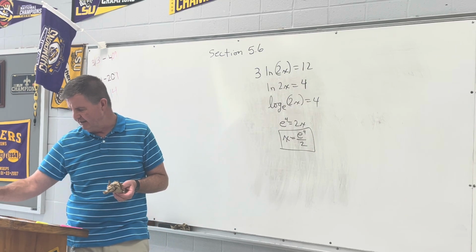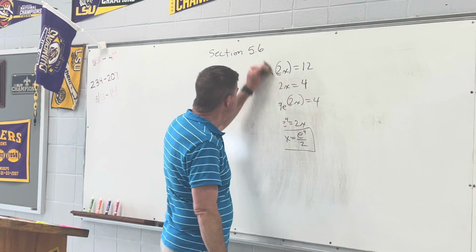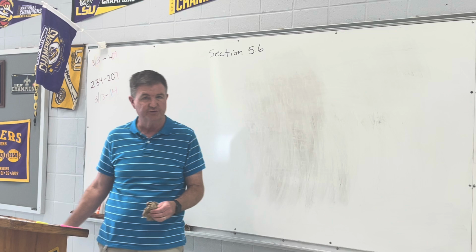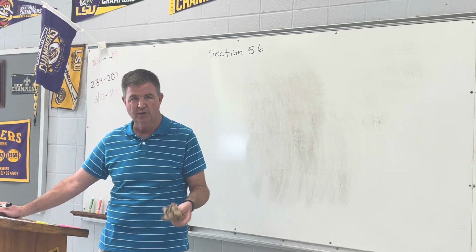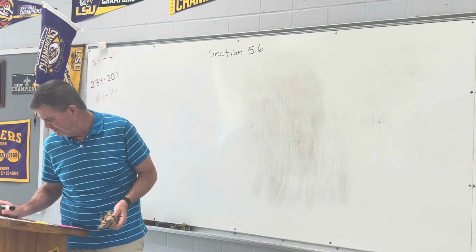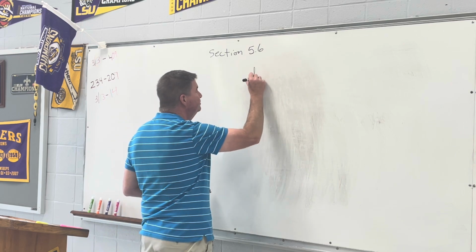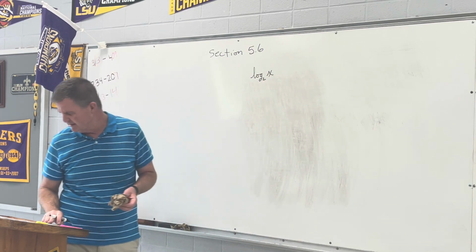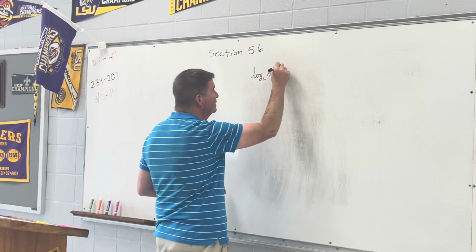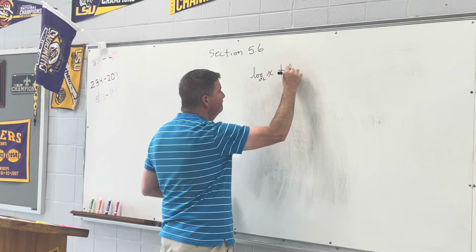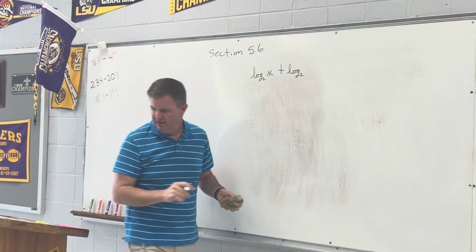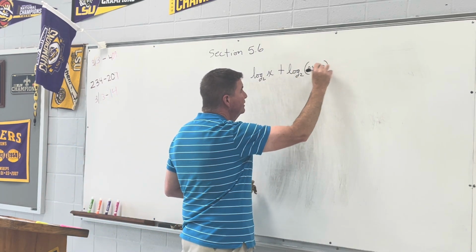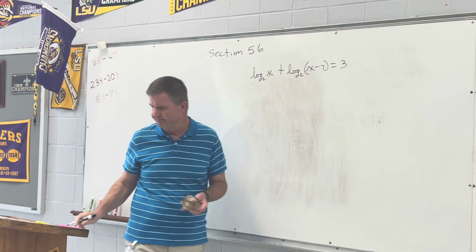And finally, what happens if we have one where we have to use one of the rules, as in the product, quotient, or power rules? Suppose I have log base 2 of x plus log base 2 of x minus 7 equals 3.